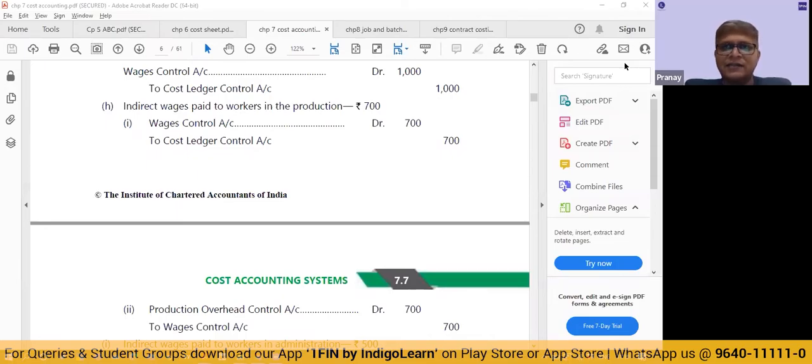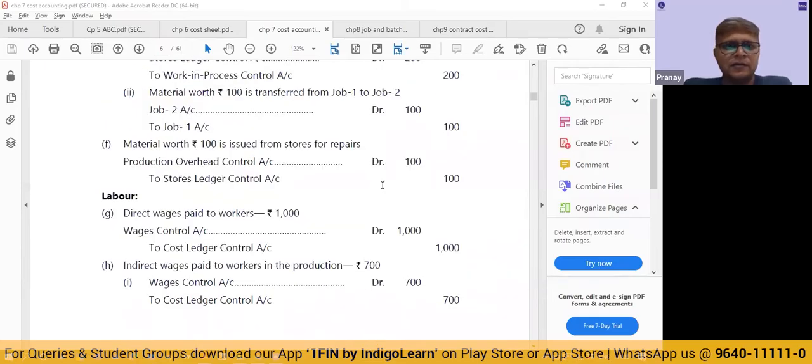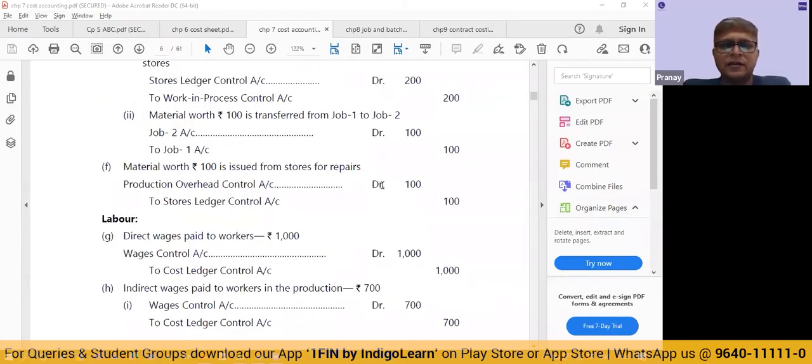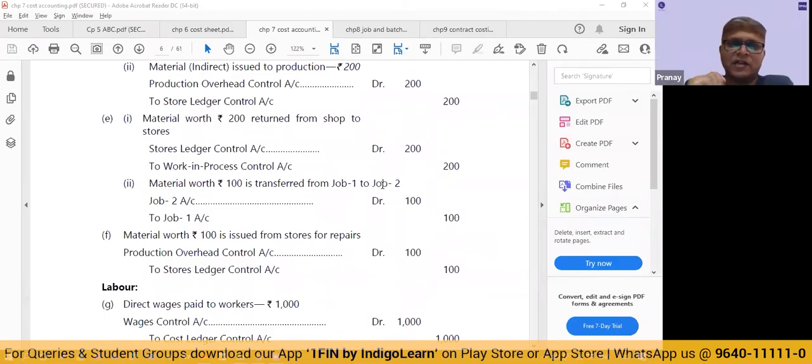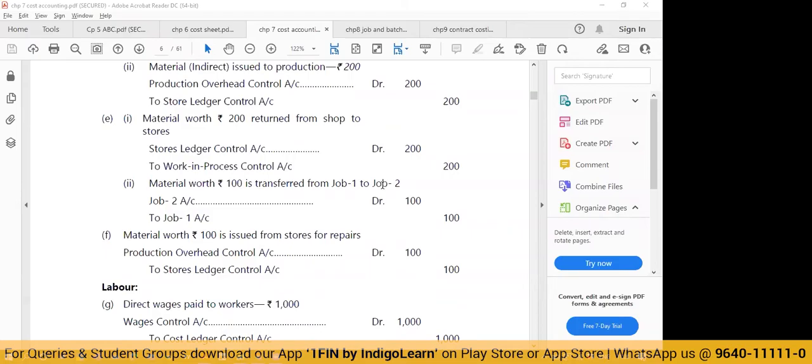Till it is posted in the correct ledger, it remains in the clearing account or the control account. Ideally, the control account should be zero at the end of the period or the end of the day. So it's more of a literal term. Someone is responsible for controlling the material cost, someone for controlling the overhead cost, and so on.